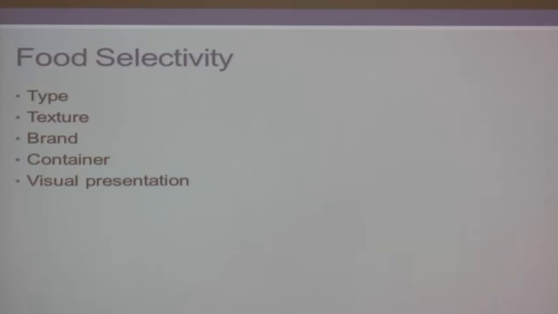We can show food selectivity around the texture. Some kids like real crunchy things. Some kids like softer foods. It can be wet foods or dry foods. So all kinds of texture, food selectivity, even the brand of food. Sometimes I have kids that come in and the parents will say, my kid will only eat such and such brand of chicken nugget, and no matter how I try to mix it up, they know exactly the brand.